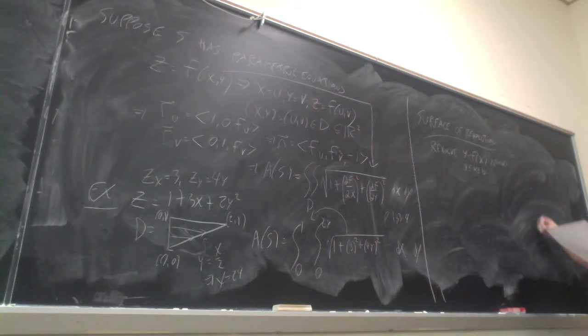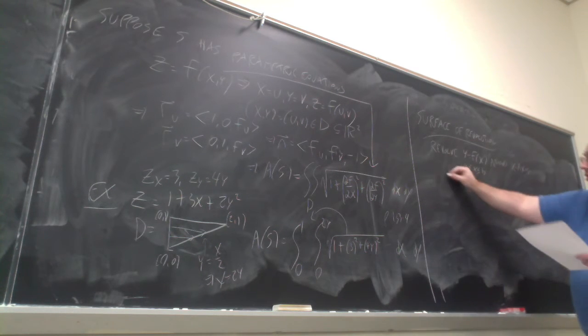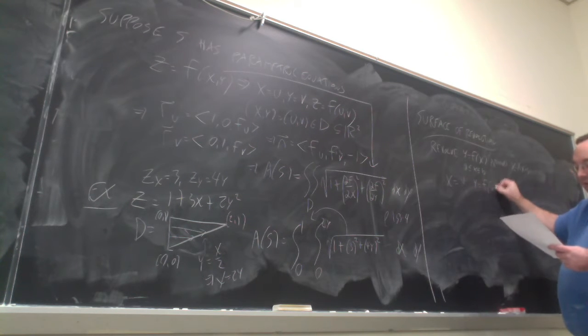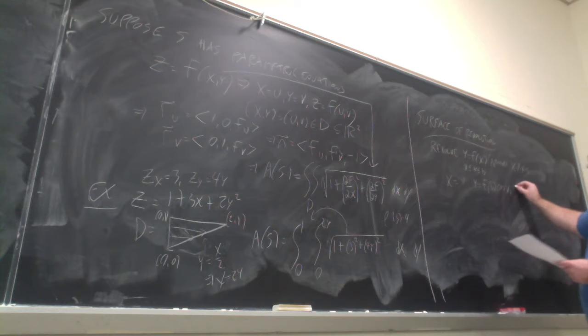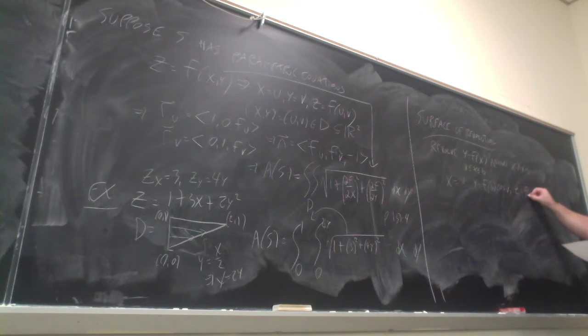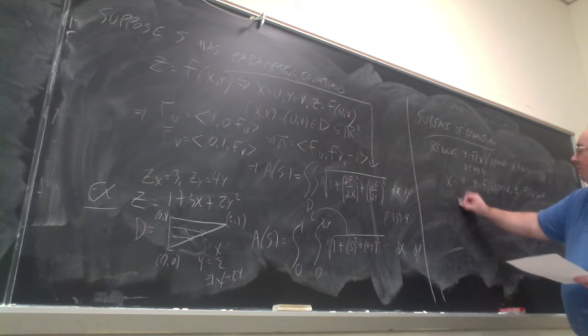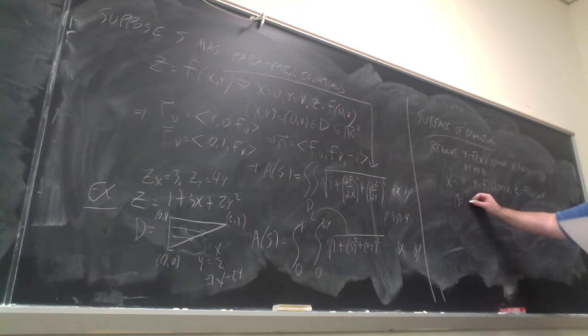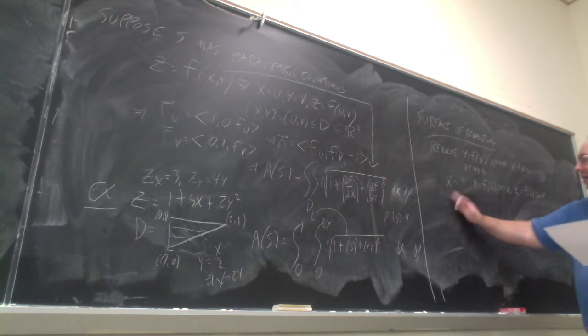If you revolve it around the x-axis, then you get these parametric equations. x is equal to u, y is f of u cosine v, z is equal to f of u sine v. And your normal vector, if you work it out from all this, has this magnitude.